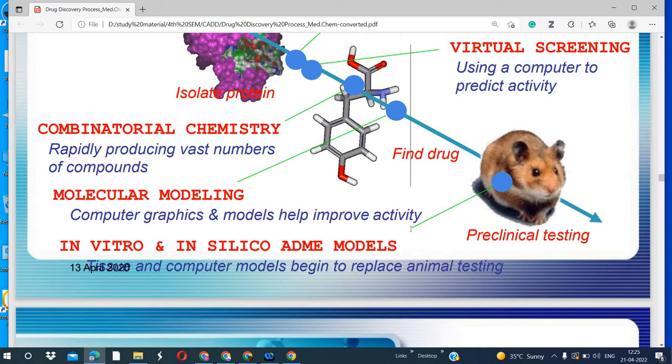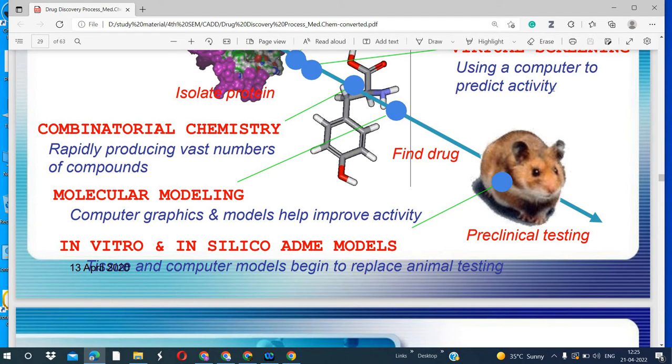To reduce that cost, the in silico ADME models are very useful. In preclinical testing, we need laboratory testing, we need reagents, we need to do the wet lab experiment, that costs very high. Before proceeding to preclinical testing, we can use the in silico ADME models, and we can do the virtual screening.